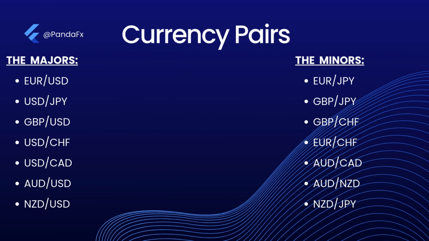You have the Euro USD, the Japanese yen against the dollar, that's the USD/JPY, the Great Britain pound against the US dollar, the US dollar against the Swiss franc, the US dollar against the Canadian dollar, the Australian dollar against the United States dollar, and then the New Zealand dollar against the United States dollar.